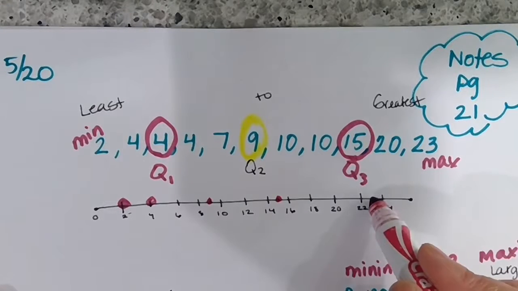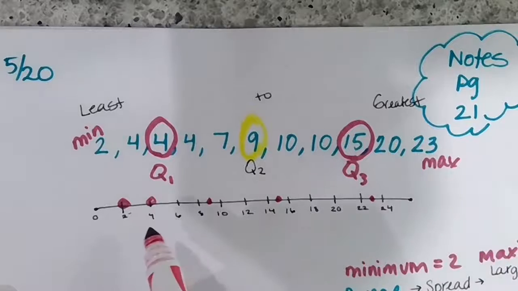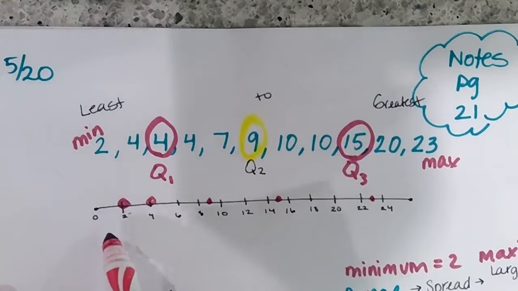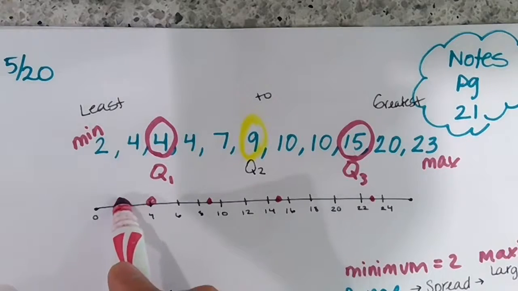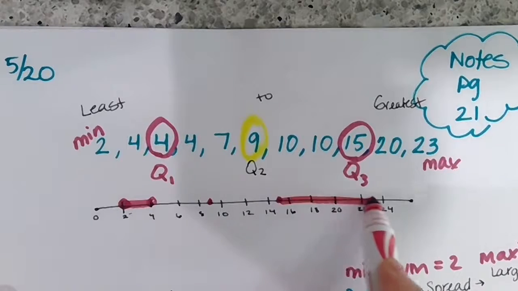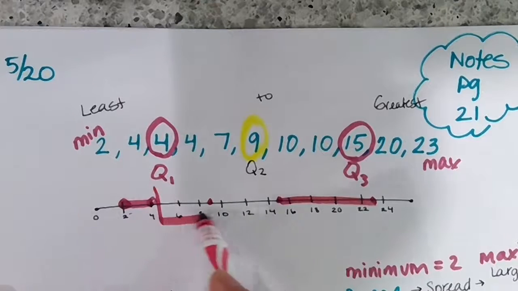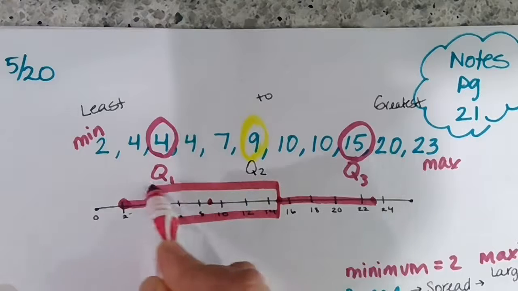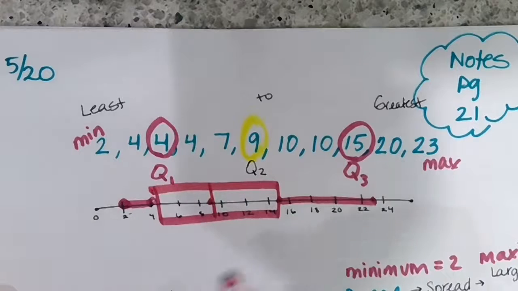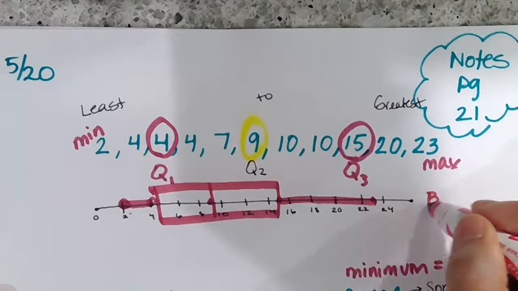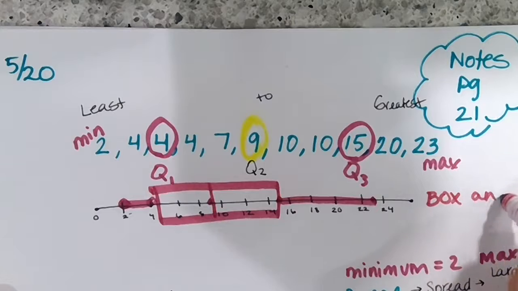And my maximum is at 23. And so those are your key points. You make your whiskers, and this middle part is your box. Okay, and so here you have your box and whisker plot.